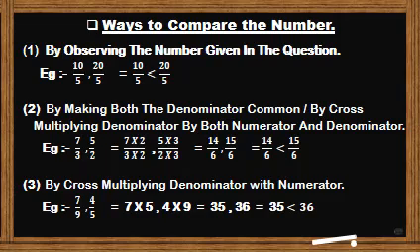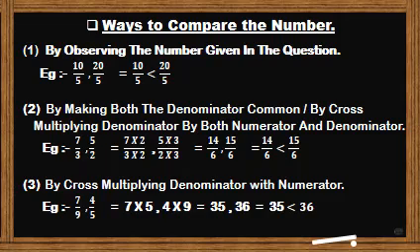By multiplying both numerator and denominator. Means 7 into 2 upon 3 into 2, comma, 5 into 3 upon 2 into 3. 7 2s are 14, 3 2s are 6, 5 3s are 15, 2 3s are 6. Here the denominator got the same.